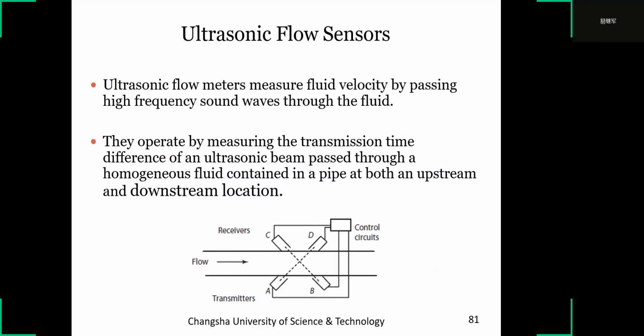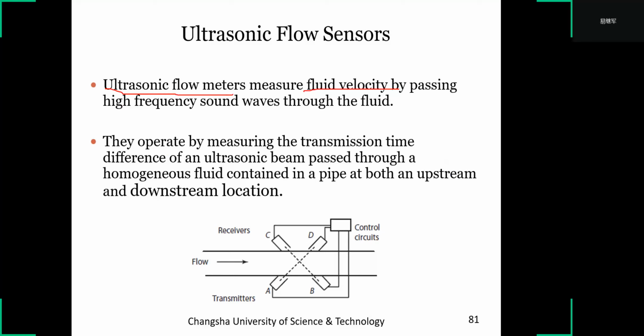Ultrasonic flow sensor. An ultrasonic flow meter measures flow velocity by passing high frequency sound waves through the fluid.